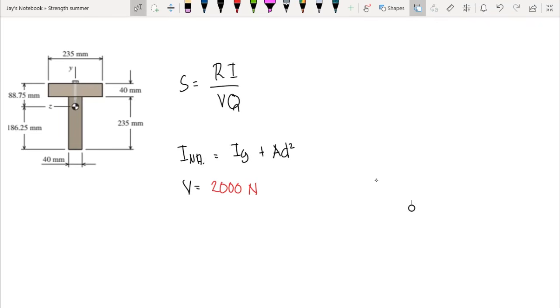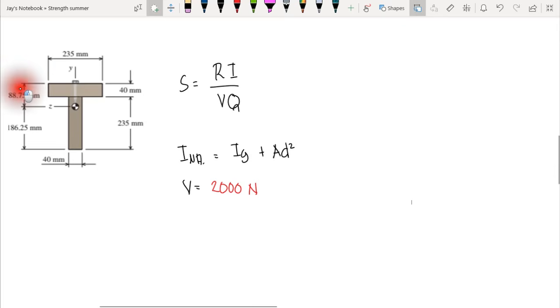Now, our next goal here is to compute for the moment of inertia. Again, this is a non-symmetrical member since we have a T-beam. So therefore, we need to transfer our moment of inertia to the neutral axis. We have already computed the centroid. So the centroid is already given.